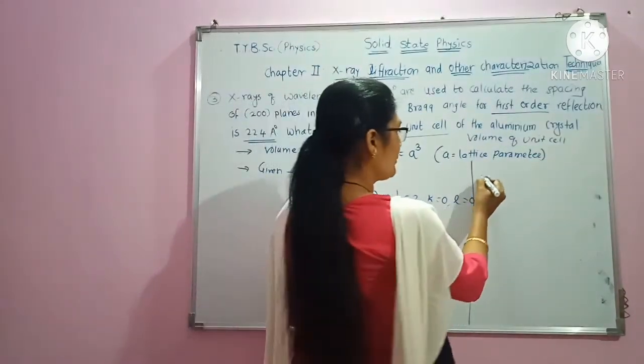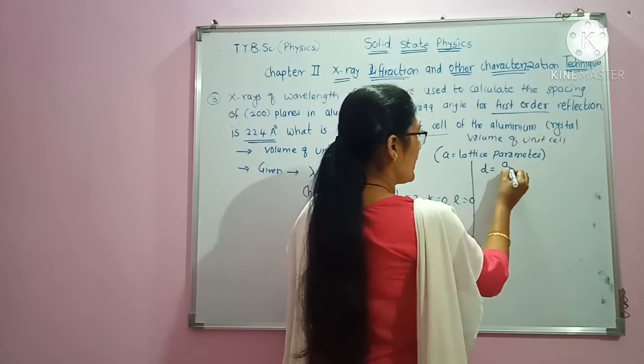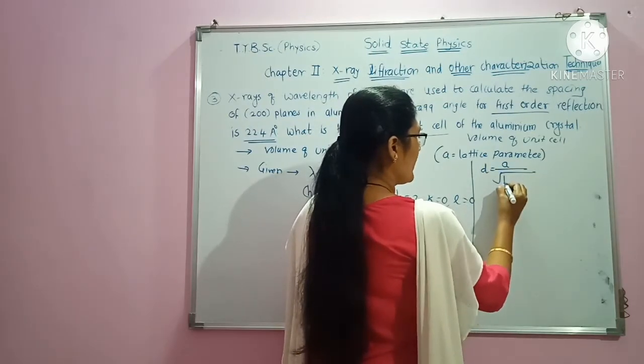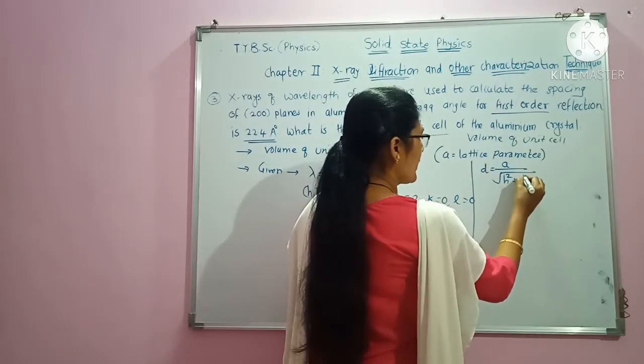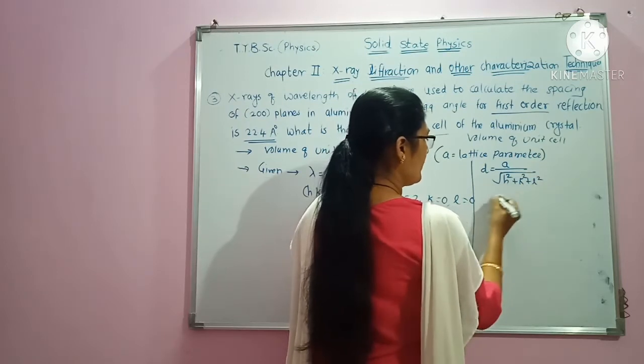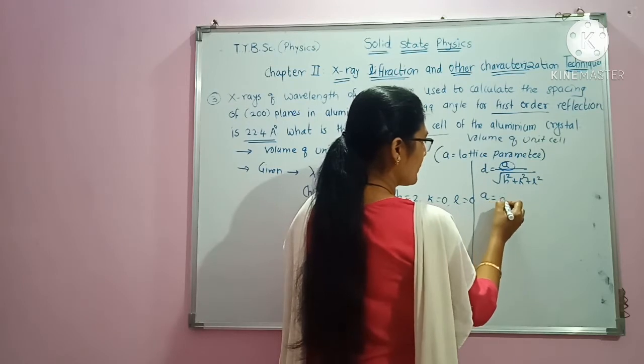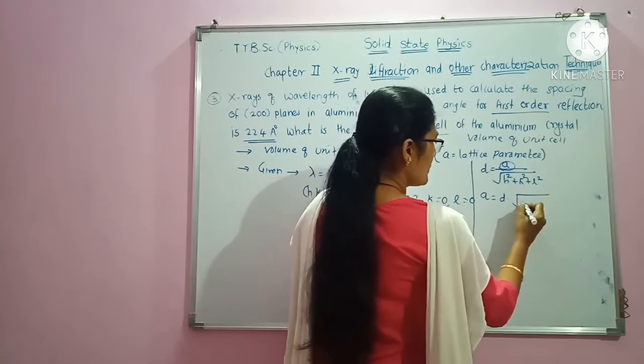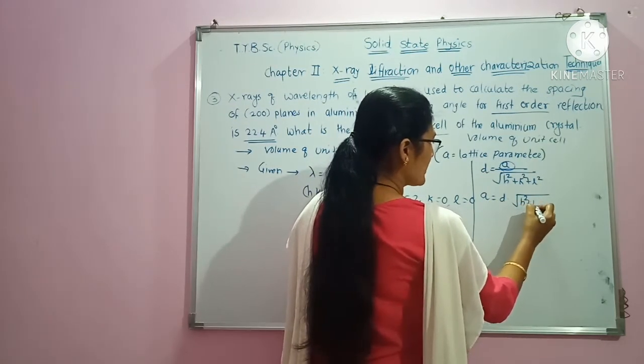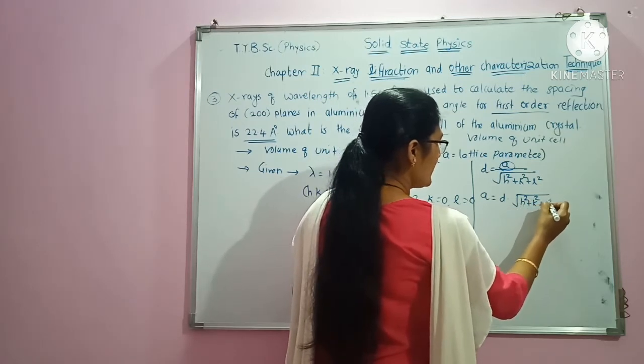Now we know that d is equal to a upon square root of h square plus k square plus l square, and we have to calculate the value of a. Hence a is equal to d into square root of h square plus k square plus l square.